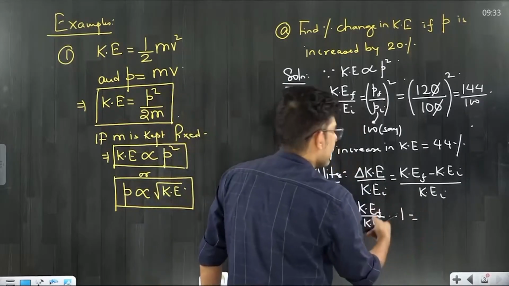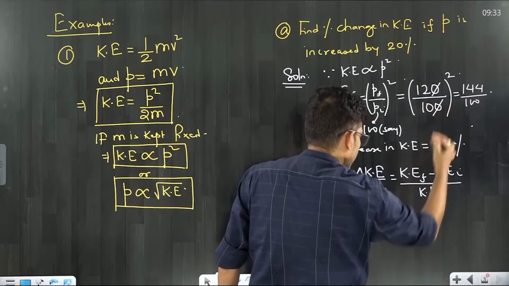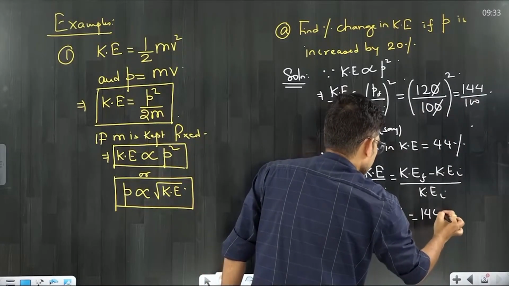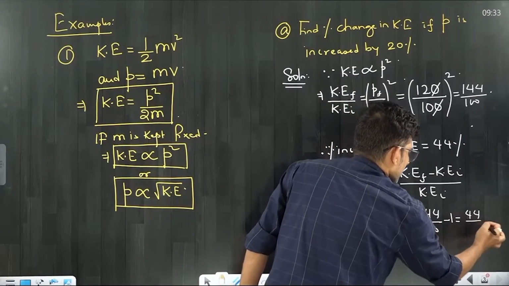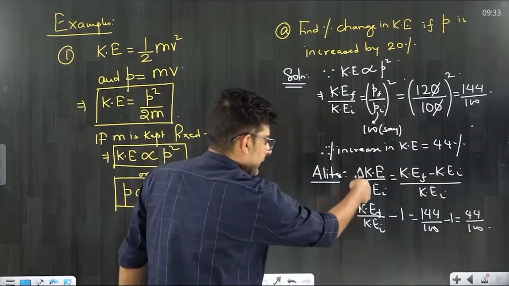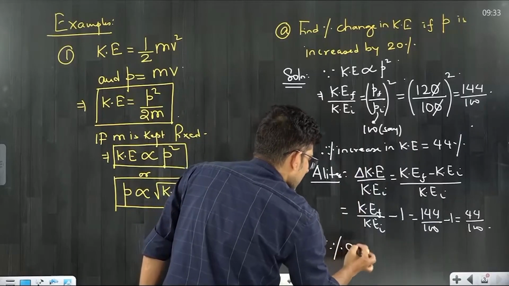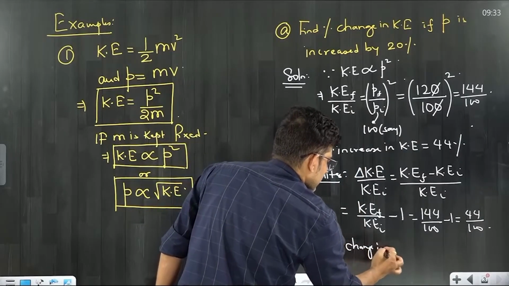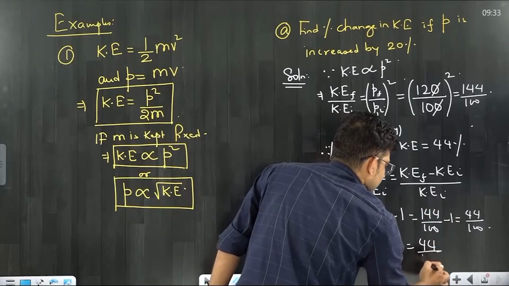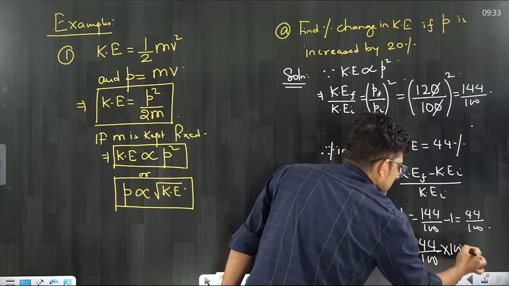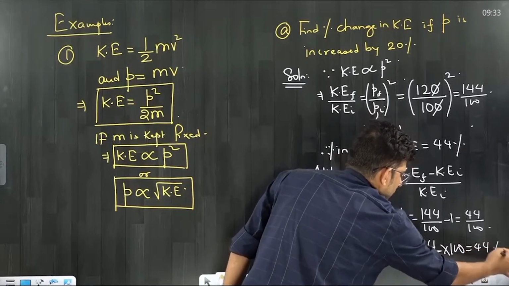KE final by KE initial is 144 by 100 minus 1. It becomes 44 by 100. If it is a fractional change, for percentage change in kinetic energy just multiply by 100. So after wasting a lot of time, you get the same answer which you got directly here.